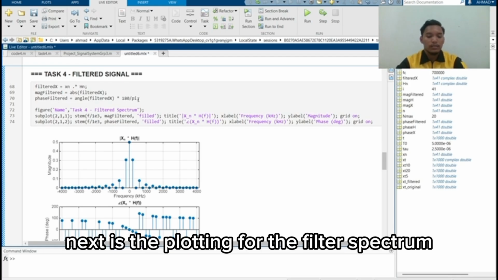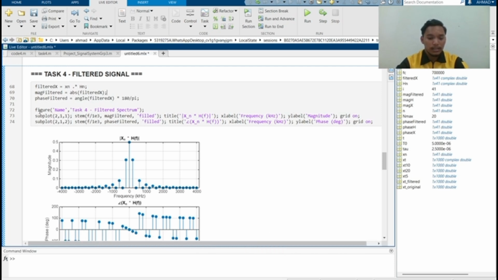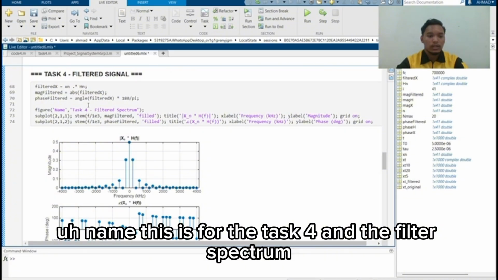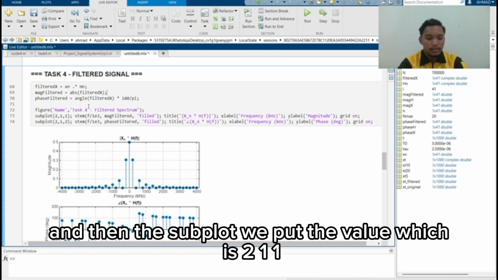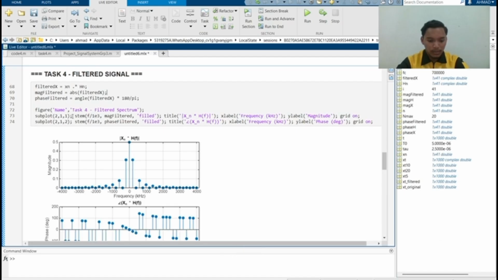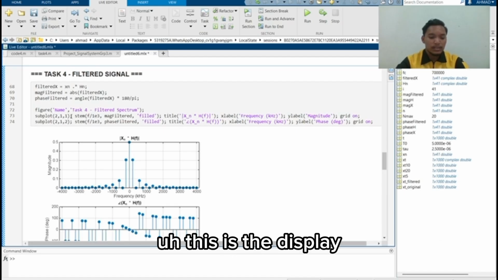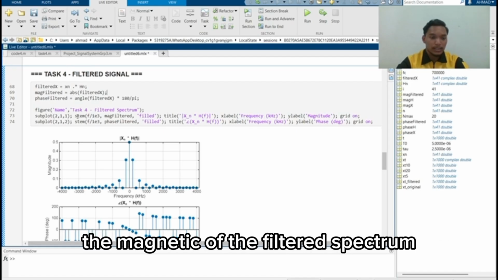Next is the plotting of the filter spectrum, with the figure name for task 4, the filter spectrum. Then for the subplot, we put the value 211. This displays the magnitude of the filter spectrum.